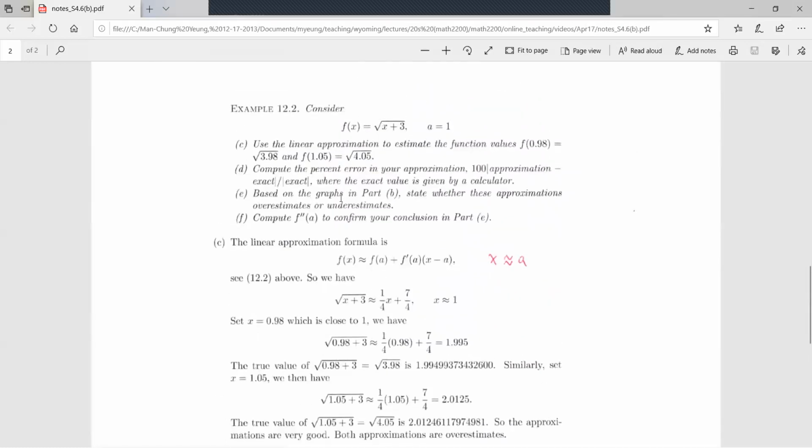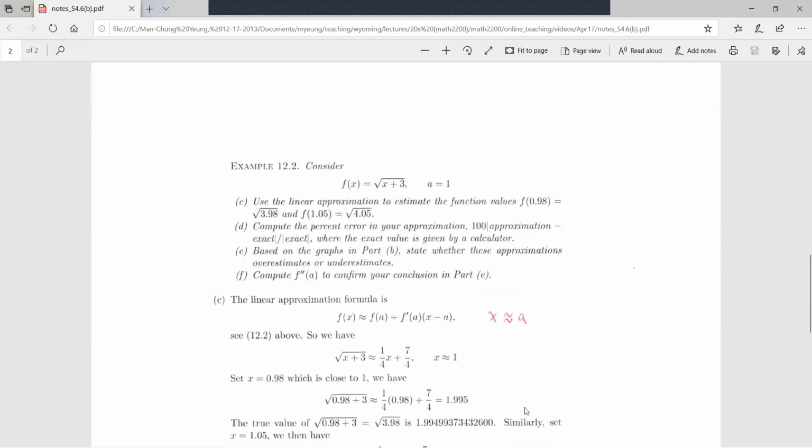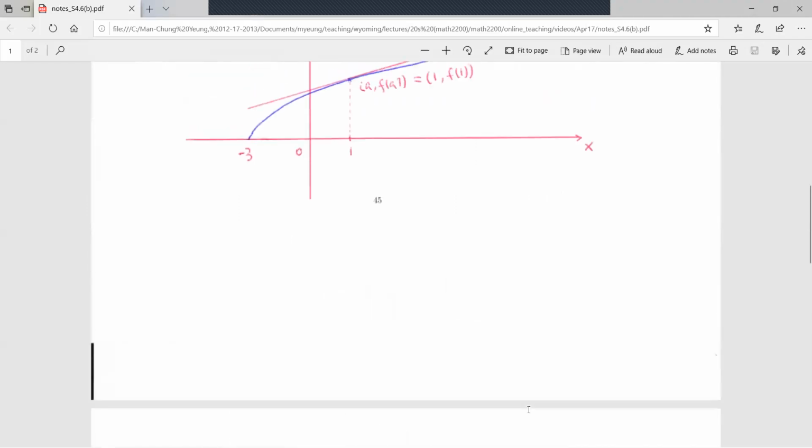Based on the graph in part B, state whether these approximations overestimate or underestimate. The graph in part B, okay, move back.